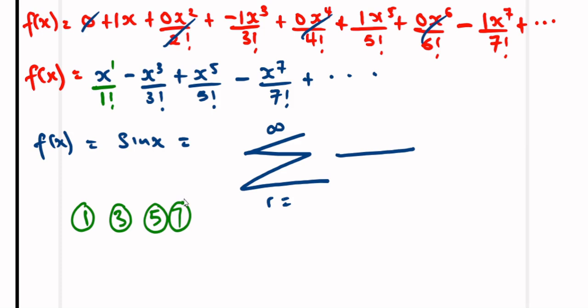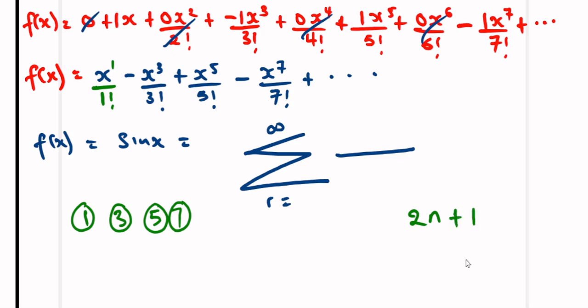Now, for a sequence, how do we express odd numbers? If we try 2n, 2n is not going to work because when n is 0, 2 times 0 is 0. If n is 1, 2 times 1 is 2. If n is 3, 2 times 3 is 6.